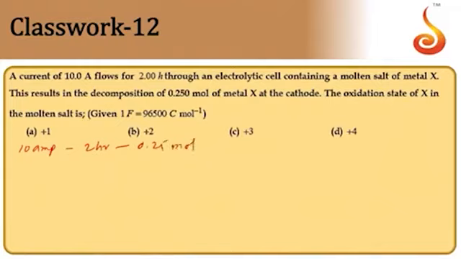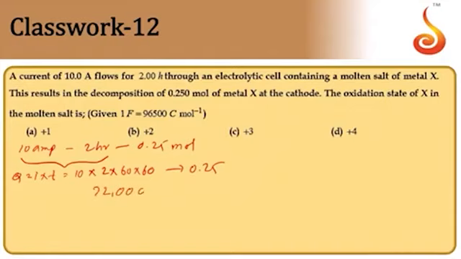So 10 amperes 2 hours means we can know the total amount of charge passed, because Q is equal to I into T, 10 into 2 into 60 into 60, that is 72000 coulombs, deposits 0.25 moles.